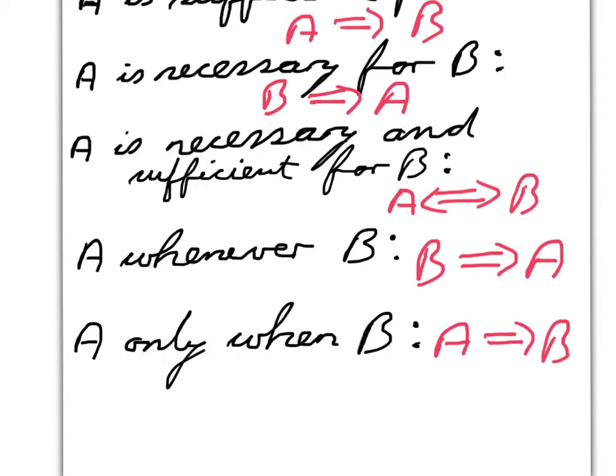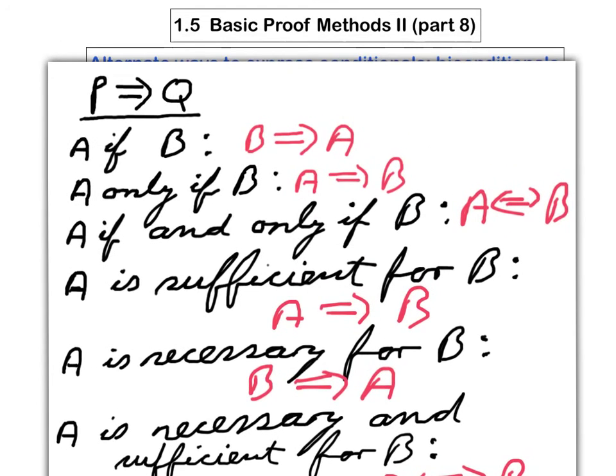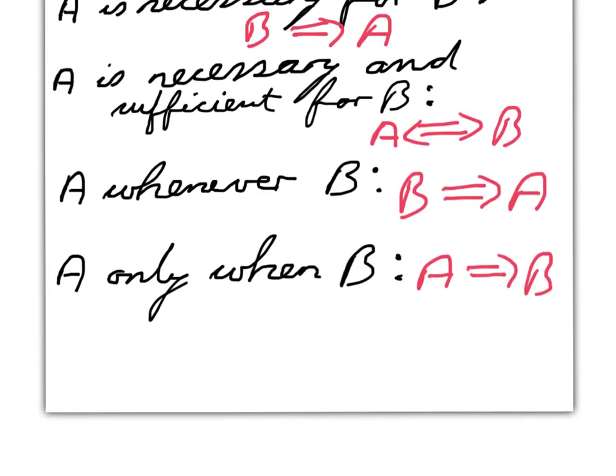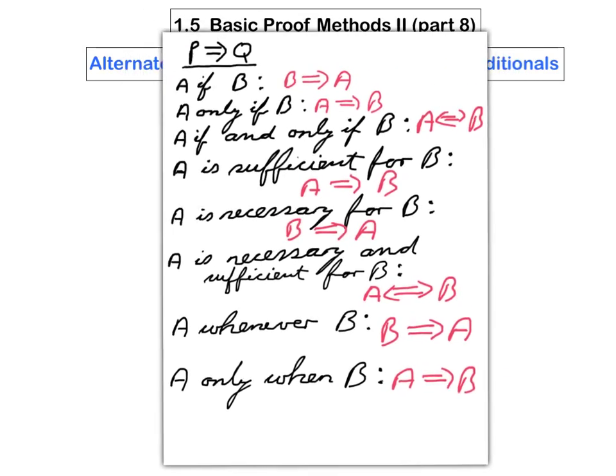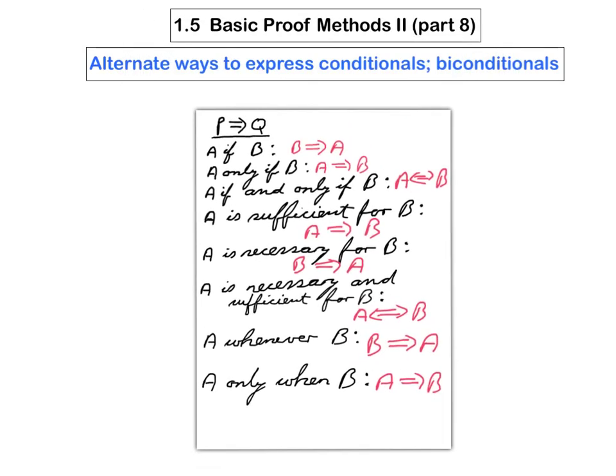So A only if B is the same as A implies B. Okay, so I wanted to go over those with you because a few assignments ago I gave you some of these to look at, and I had the impression people were guessing. And so I hope that's a little bit more clear now.